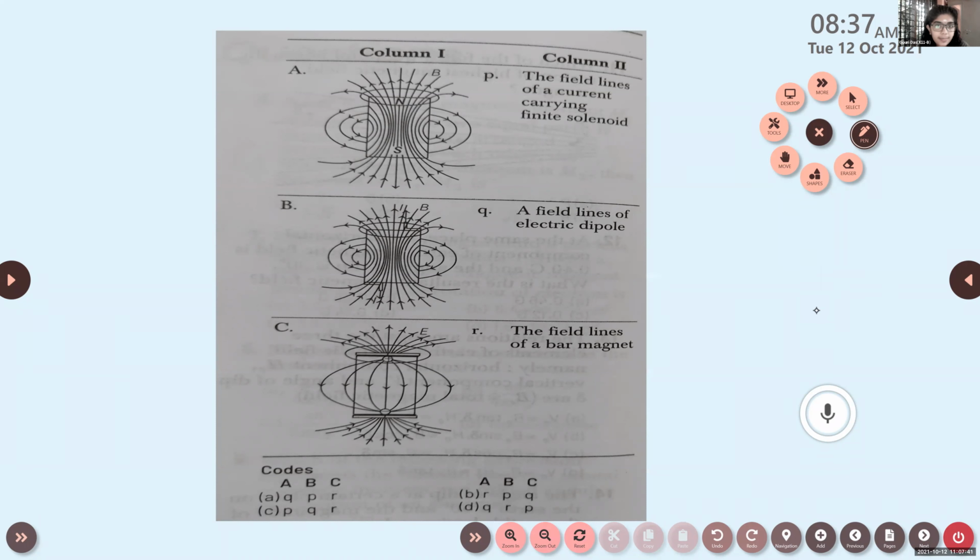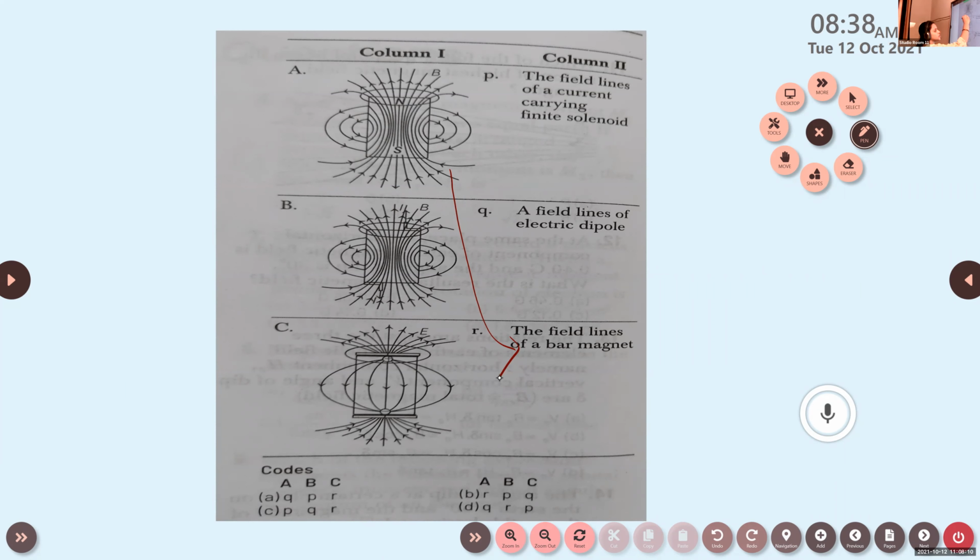The figure B is also representing like that, and the poles are given. So we can confirm this is the magnetic field lines of a bar magnet. Now the diagram B is the field lines of a current carrying finite solenoid, because we know that the solenoid itself behaves like a bar magnet.